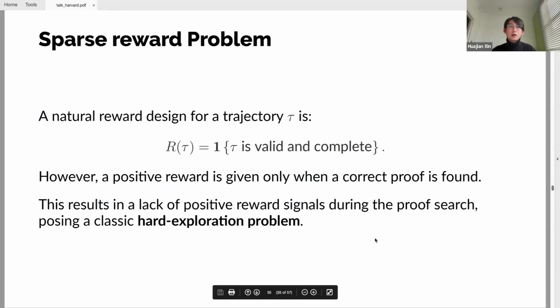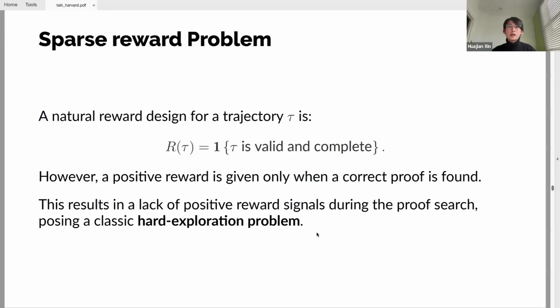However, the sparse reward presents a challenge. A natural reward design is to assign positive reward only to valid and complete trajectories, but we obtain this positive reward only when a proof is found, and then the proof search is terminated.